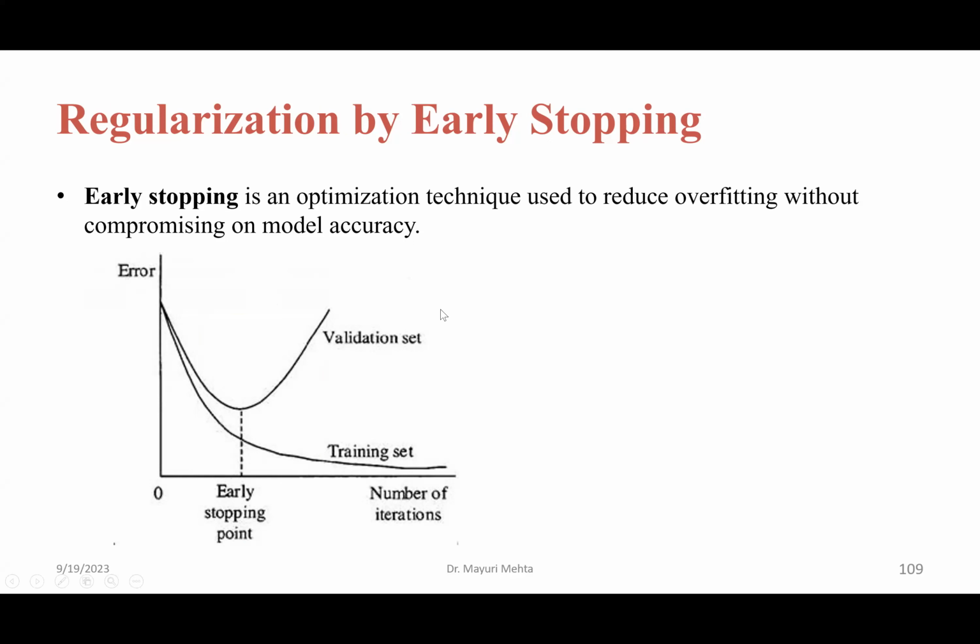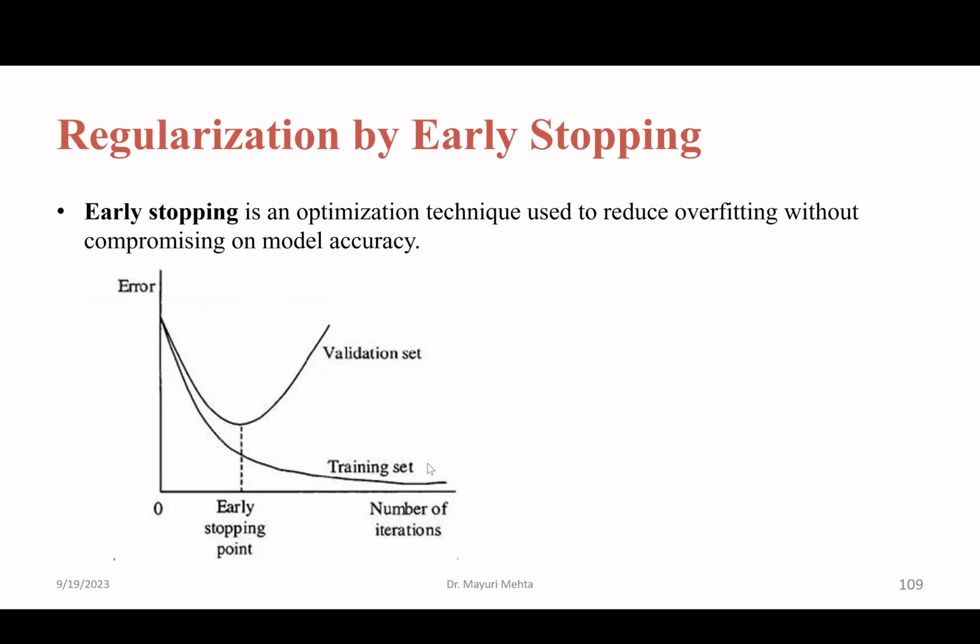Now this is the next way to overcome the overfitting problem. There are multiple ways to overcome the overfitting problem, and batch normalization is one of them. But if you remember, I told you in the last class that there are multiple ways to overcome overfitting, like batch normalization, early stopping, dropout, and pruning.